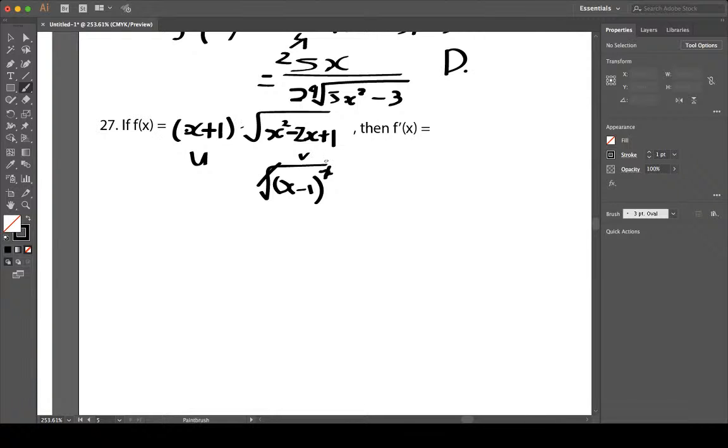But if you still don't see the pattern, you can still just use the multiplication law, and you don't need to use the chain law, which is the top side, I should say. That's called the chain law. But then, you say, wait a minute, x plus 1 times x minus 1, that's basically x squared minus 1.